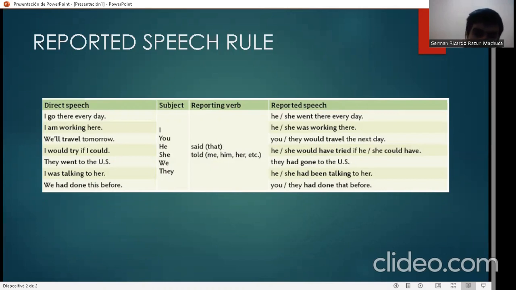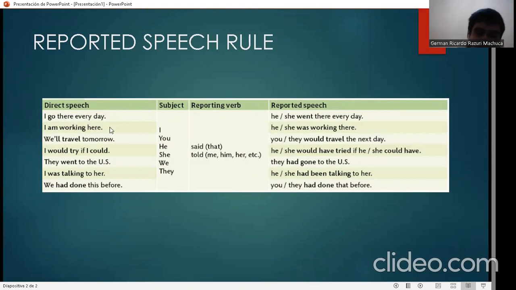First, we start with a report verb, and after that we have to go back one tense from what was actually said in direct speech.